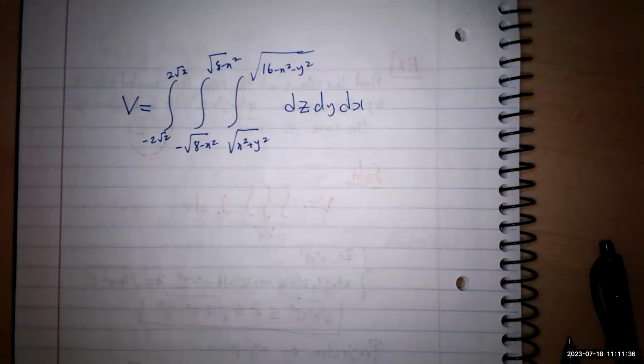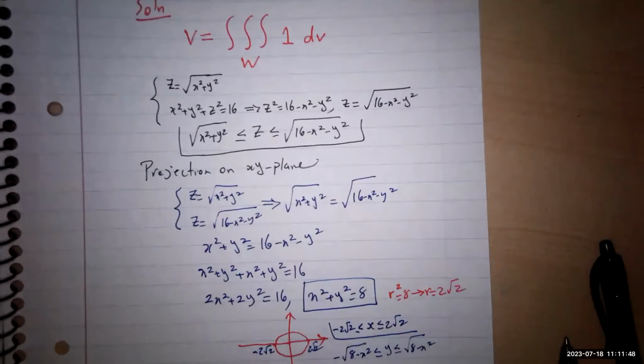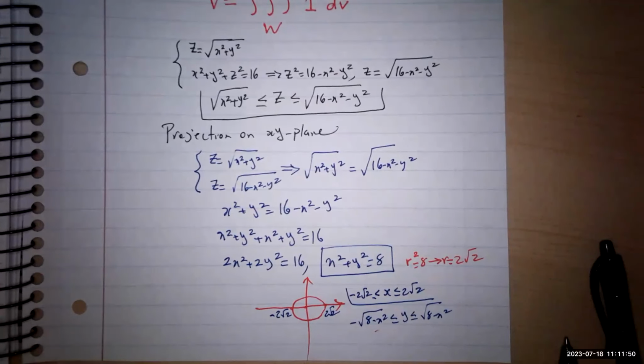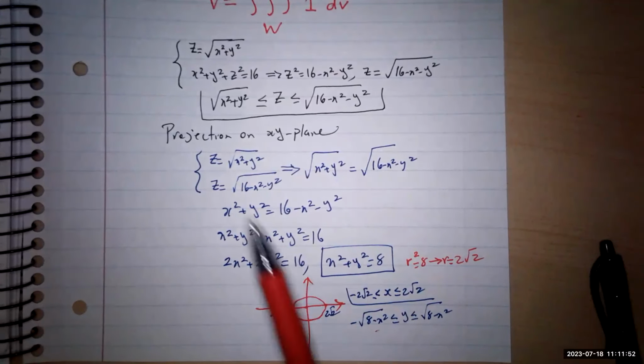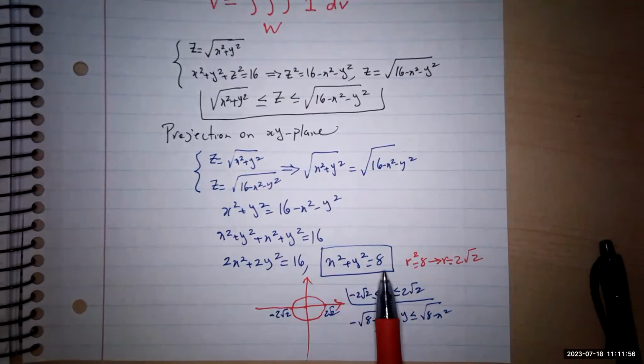But let me explain how you get the limits of integration for y, because I know the projection into the xy coordinate. So the question is how I got the limit for y. You see, the projection in two dimensions is x squared plus y squared equal to 8, which is a circle.